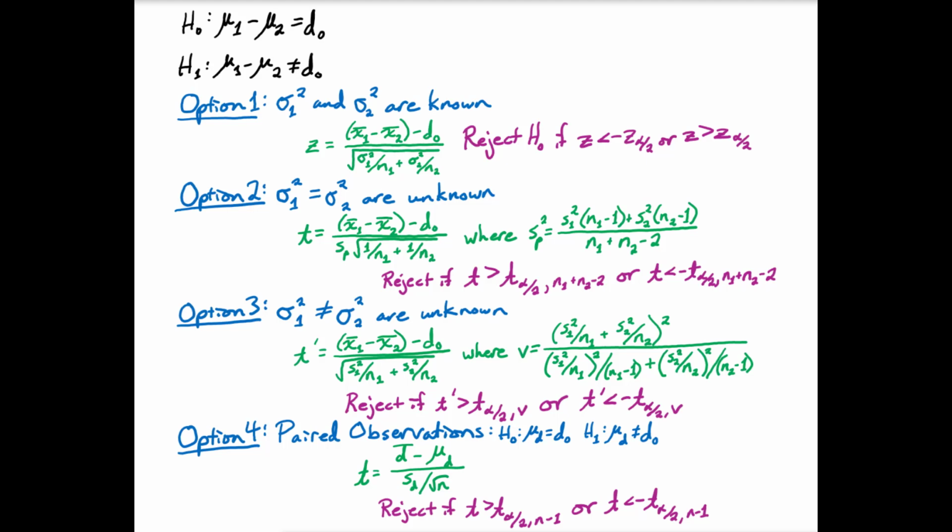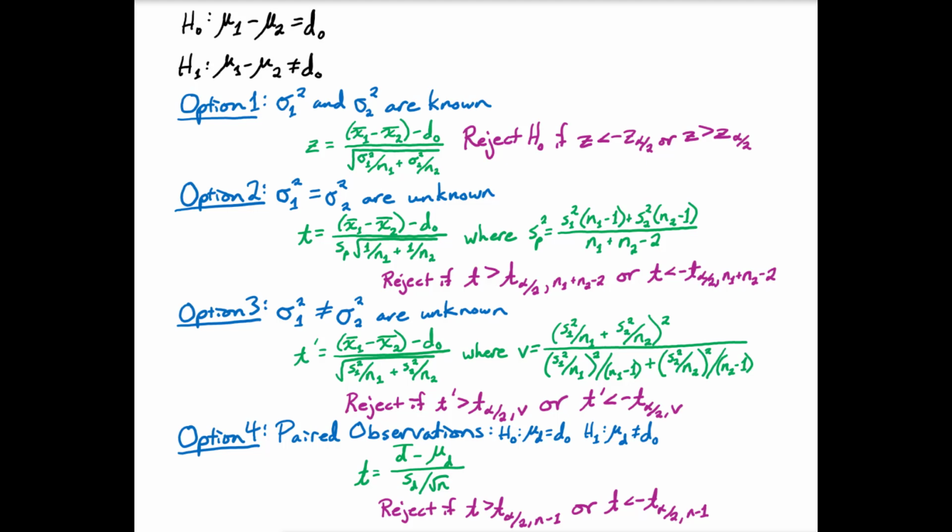And we're going to follow the same rule where if t is greater than t sub alpha divided by 2, with n1 plus n2 minus 2 degrees of freedom, or if t is less than negative t sub alpha divided by 2 with n1 plus n2 minus 2 degrees of freedom, we'll reject our null hypothesis. Otherwise, we're going to fail to reject it.